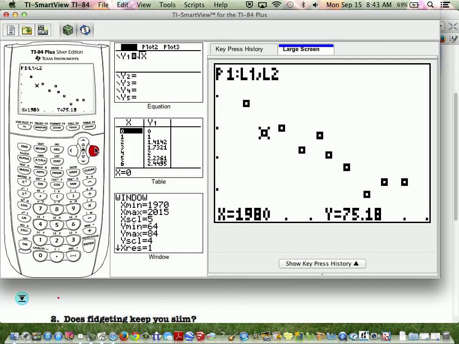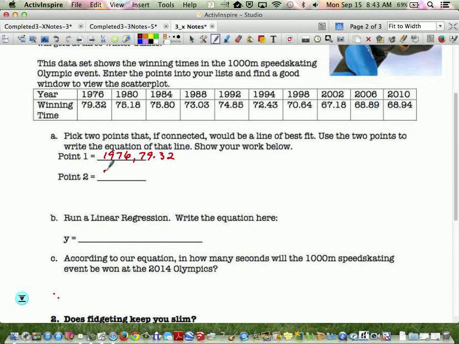And then like I said down here, if I use this one and that first one, my line would be slightly under the grouping. And I think if I use the top one, it would be out there. So of the 3 bottom ones, I'm going to use the one in the middle. 2006, 68.89. So those will be my 2 points.